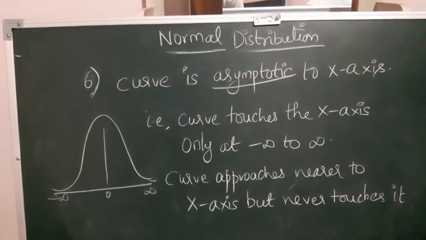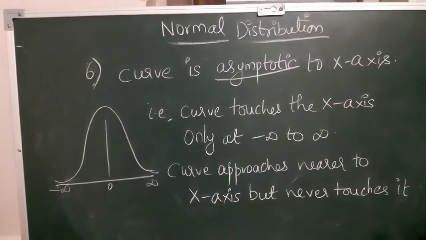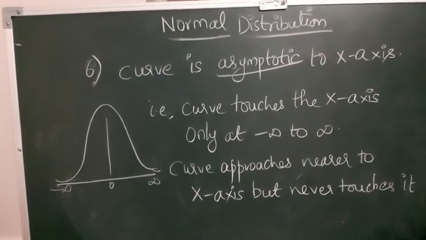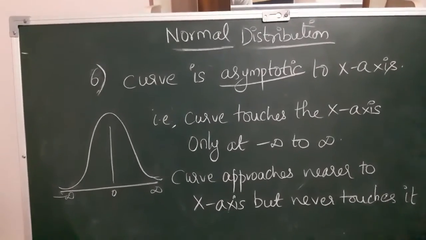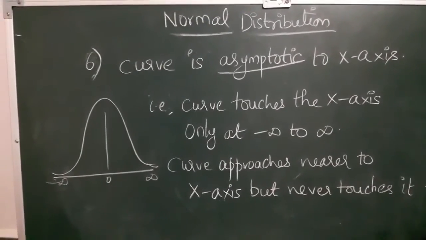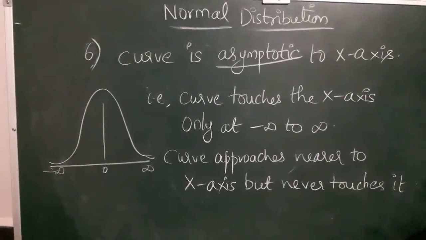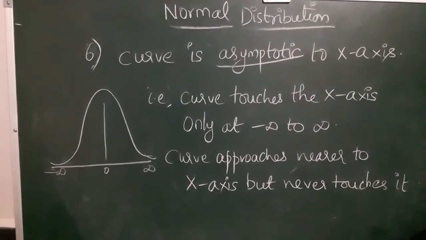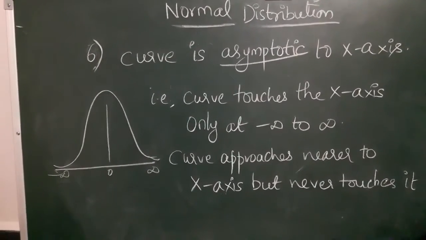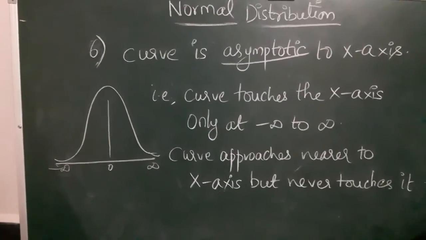Where the curve bends, it is nearly almost touching the x-axis line, nearer to the x-axis, but it never touches it. But where does that curve end? Minus infinity to plus infinity. The curve is asymptotic to the x-axis. What does it mean, asymptotic? The curve touches the x-axis only at minus infinity to plus infinity, but never touches it.